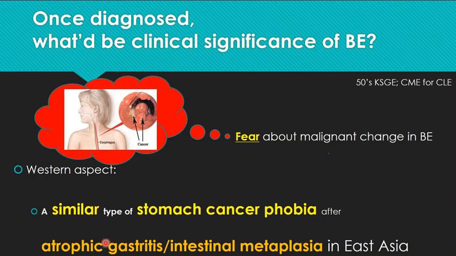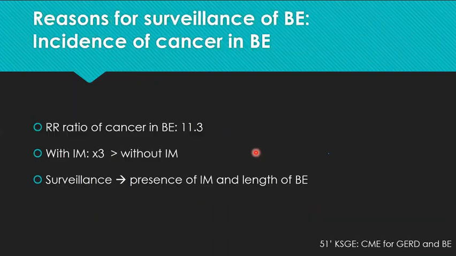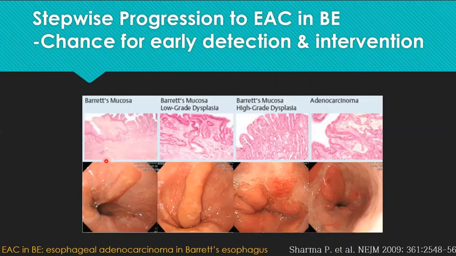For Western doctors, whenever they find Barrett's esophagus, they fear esophageal adenocarcinoma, because Barrett's esophagus and intestinal metaplasia are quite related to cancer. Maybe from Barrett's mucosa at low grade, but once high grade, this is cancer, so we need to go to further treatment.